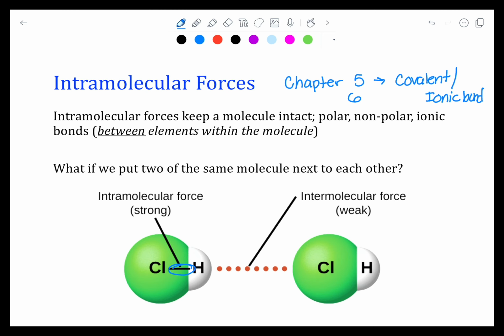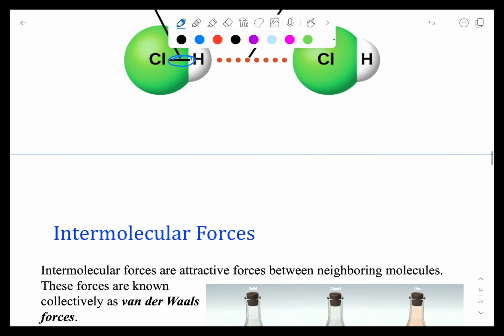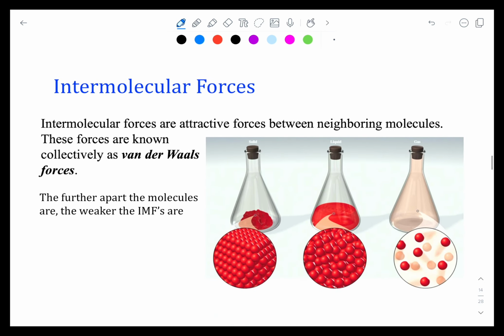In comparison to intramolecular forces, intermolecular forces are significantly weaker. The intermolecular forces are what we are going to focus on here. So, intermolecular forces are attractive forces between neighboring molecules. These forces are known collectively as van der Waals forces.